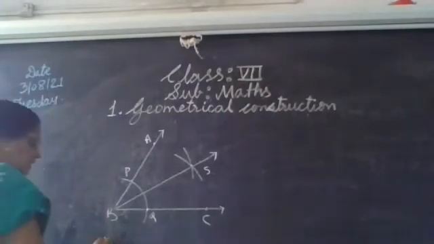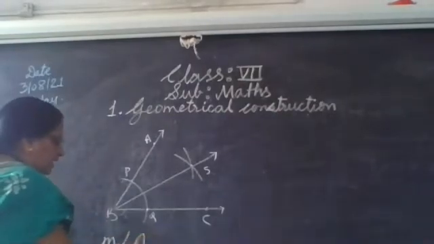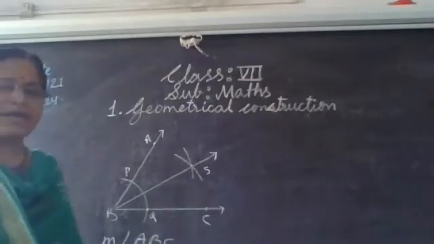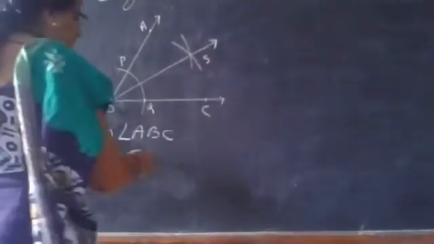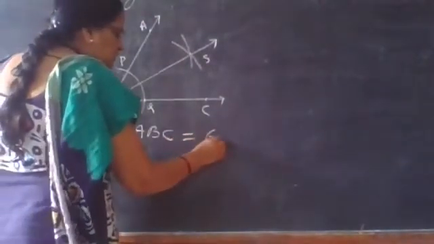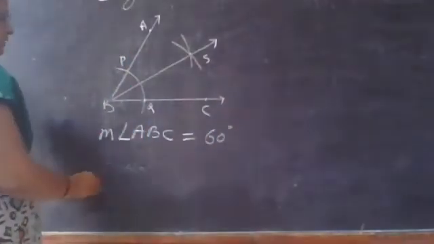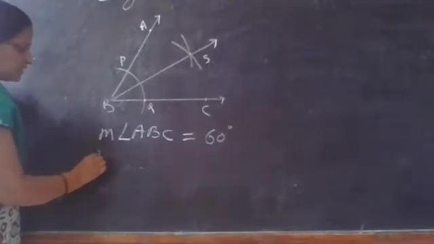So here measure of angle ABC, this symbol shows angle. So it is measure of angle ABC equals 60 degree. We bisect it, so we will get two angles.